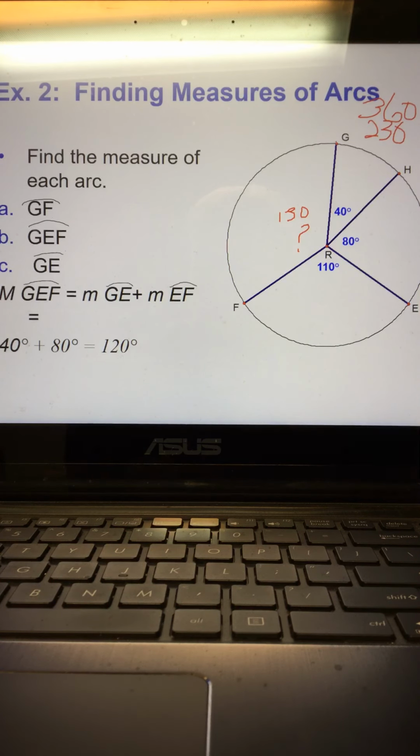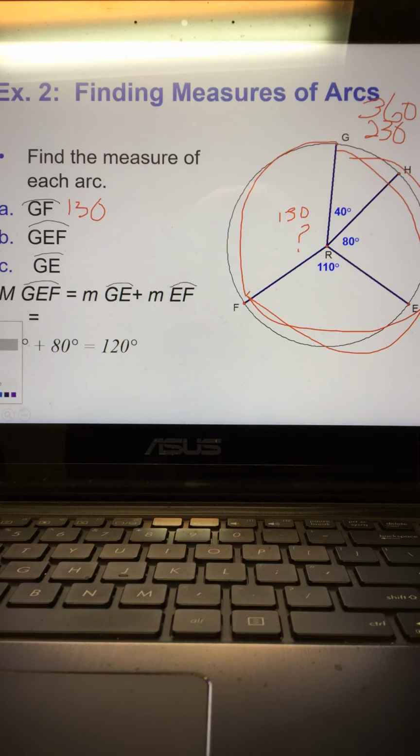Okay, how much is it from F to G? Going this way, it is 130. If I want to go G to E to F, I'm traveling all the way around here.